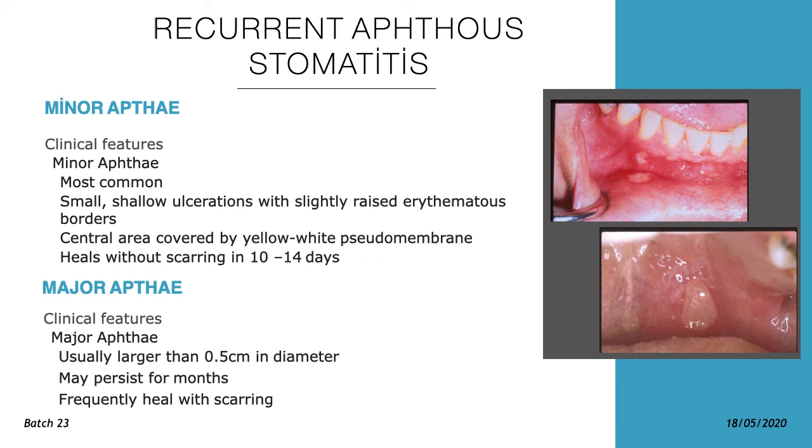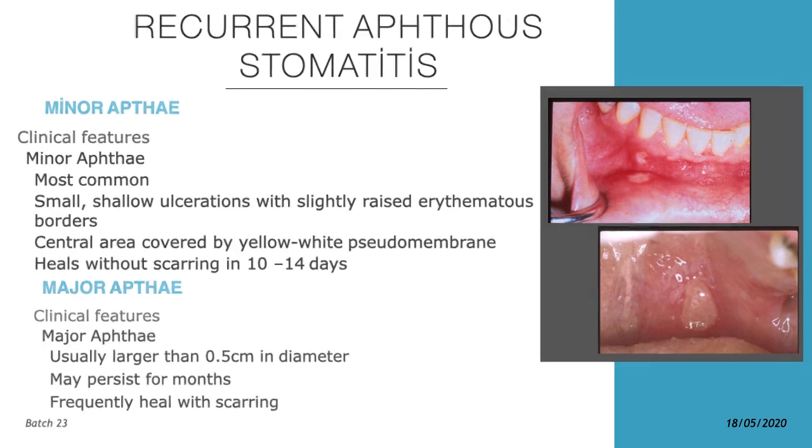Whereas the major aphthous is larger in size, usually larger than 0.5 centimeter in diameter, takes a longer period to heal, and frequently heals with scarring, whereas minor and herpetiformis heal without scarring.